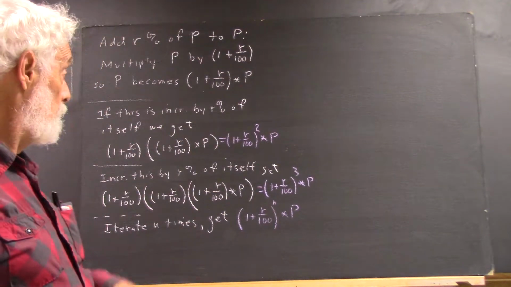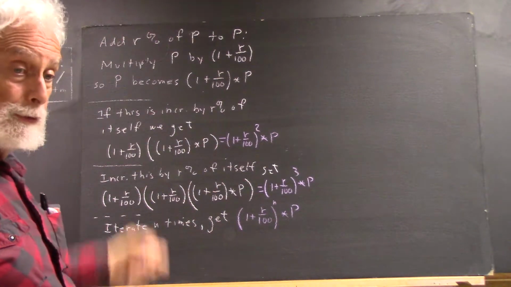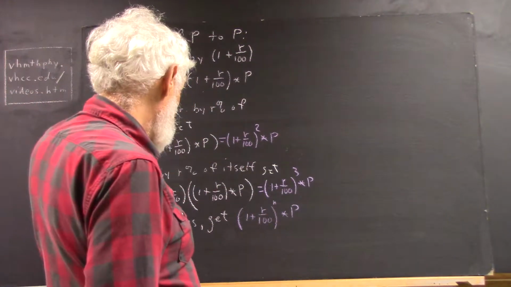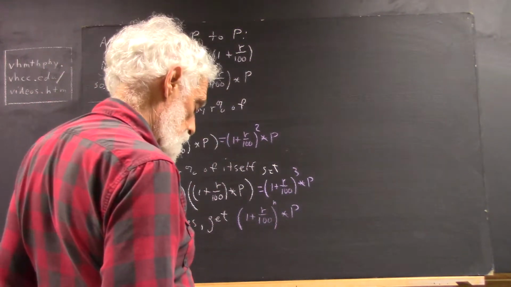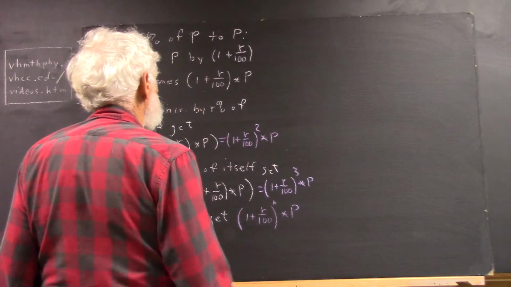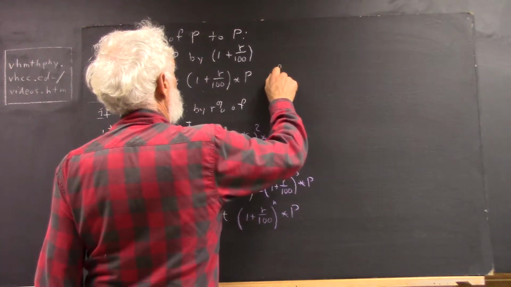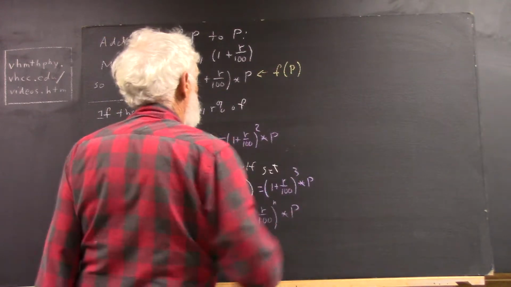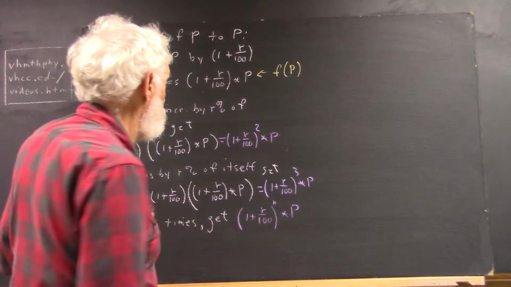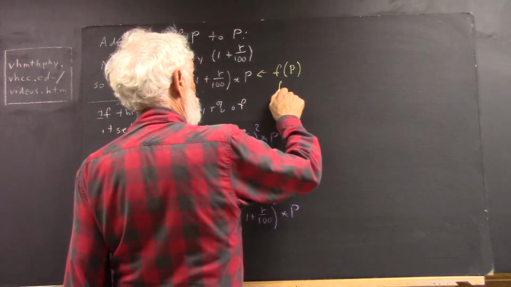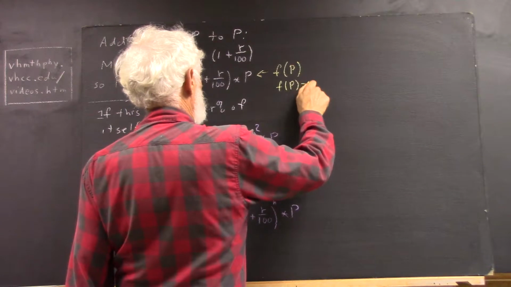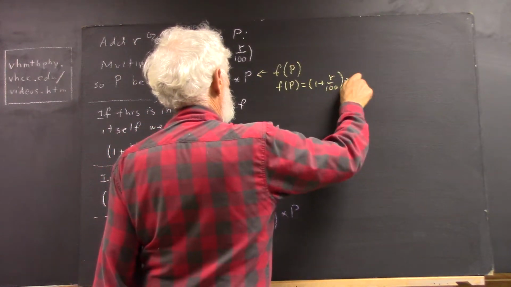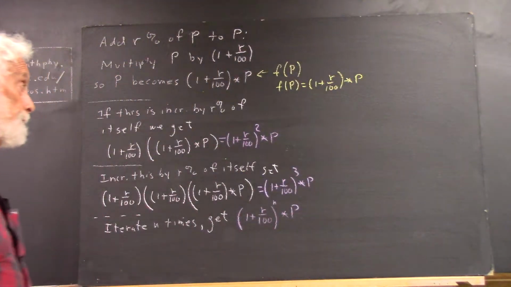In introducing the problem, I used a little bit of notation for this quantity. I called this quantity f of p. So now that we know about function notation, we could write f of p equals 1 plus r over 100 times p.